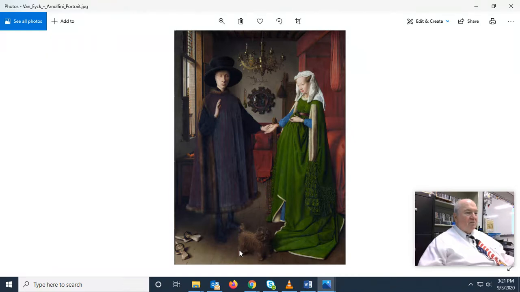What is the motto of the United States Marine Corps? Does anyone know? Semper Fi. Always faithful. Fidelity means faithfulness. And so by having a dog here in the painting, it means that these two people who are getting married will be faithful to one another.